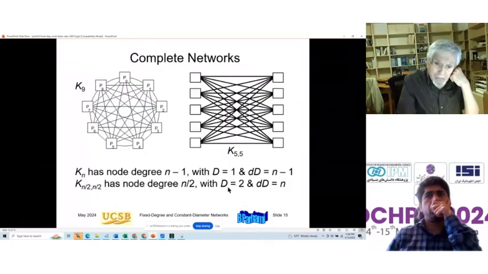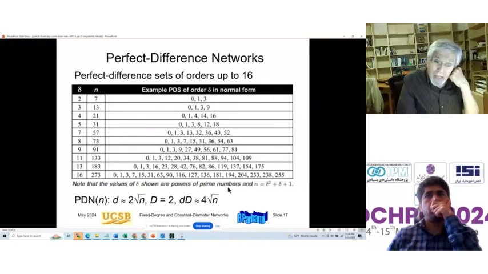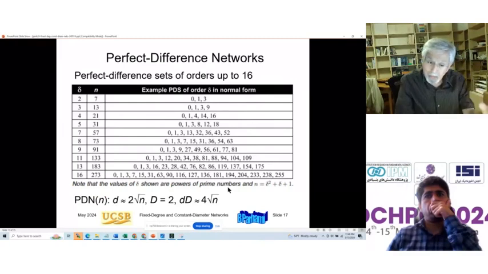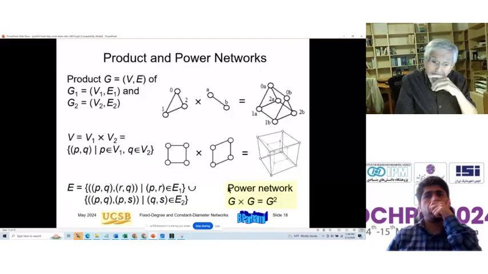So that's the idea. Well, for many years, I've been looking for mathematical structures like perfect difference sets that you can apply to building networks of diameter 3, diameter 4. Unfortunately, I have not yet succeeded in finding these structures.